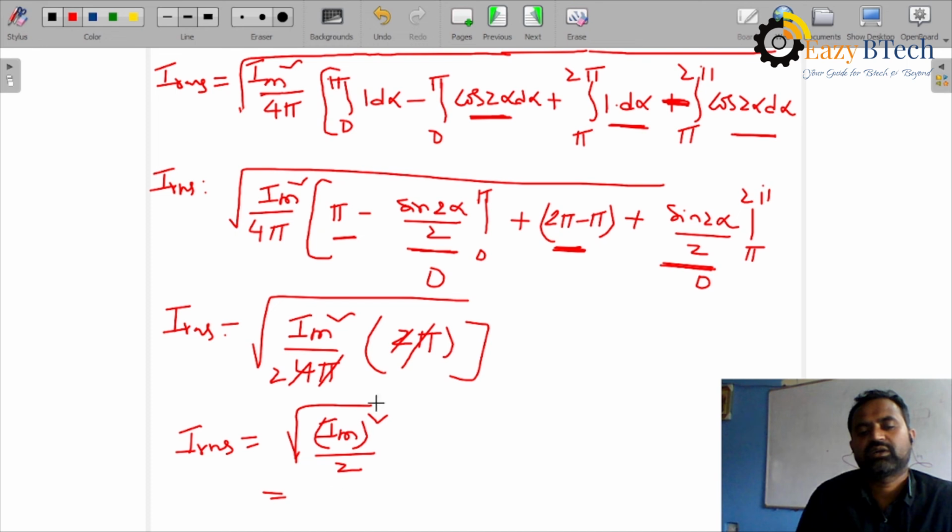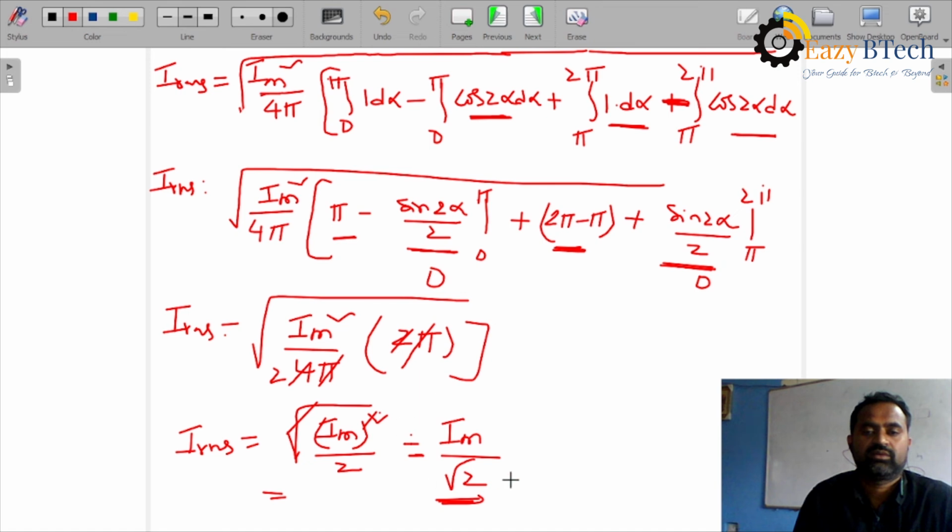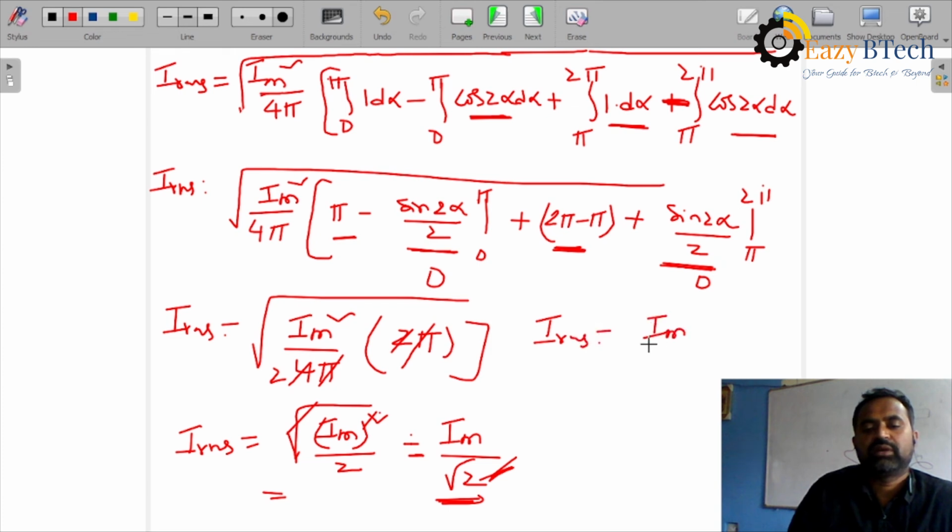Simply we will write root and square get cancelled, we will write Im by root 2. Okay students, this is the value. What is the IRMS value? Im by root 2 is the value.